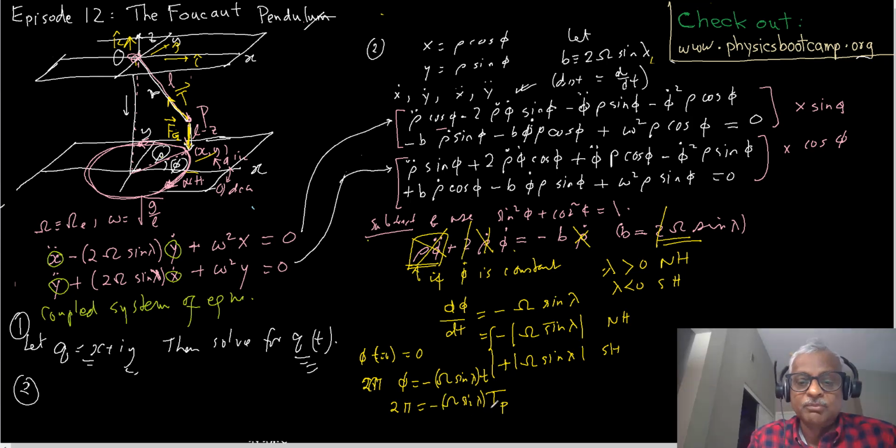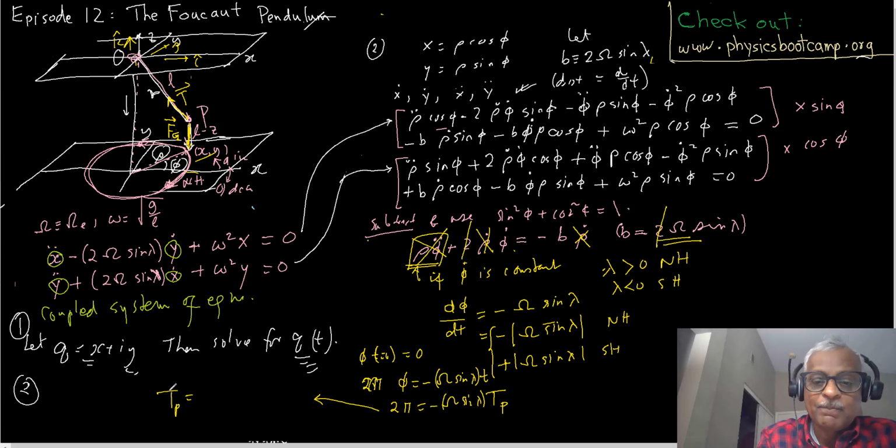So bring it over there, and so TP is going to be, now we can just make it an absolute value. It's going to be minus 2 pi because it's changing and going back to the minus 2 pi. So it's minus 2 pi after one time period.